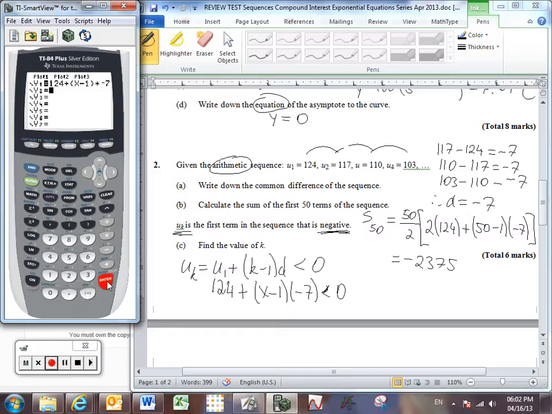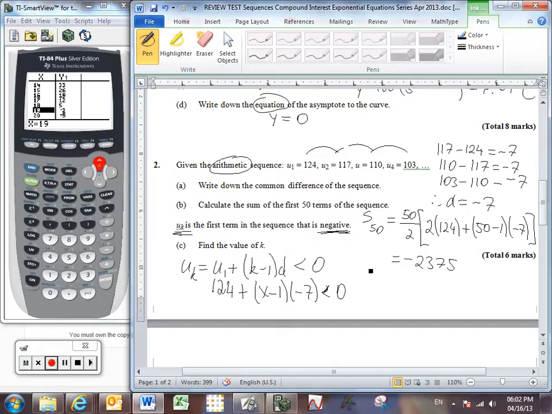And there's our function. Let's look at the table, and we'll see where it finally hits a negative number. Let's scroll down a ways. And it looks like I hit a negative number right there. Alright, when I hit 19 was my first negative number. And so in my table, I'll just explain to the reader that I made my y1 equal to u1 plus (x minus 1) times -7.